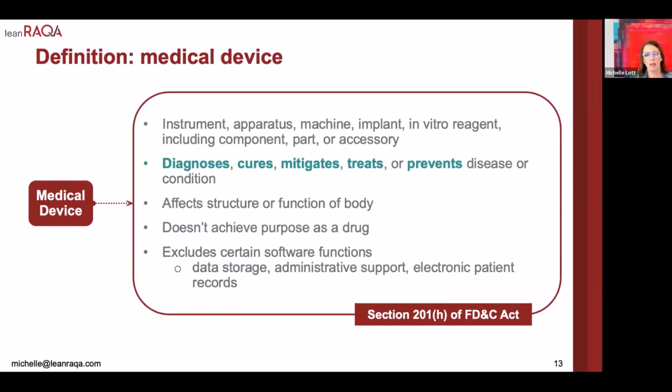And primarily a medical device is going to diagnose, cure, mitigate, treat, or prevent a disease or condition. It does this by what is called a mode of action that is structural or mechanical in nature, which means it can't be metabolized or otherwise chemically processed by the body in a way that a drug is.